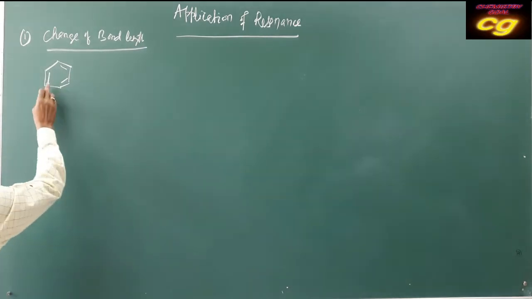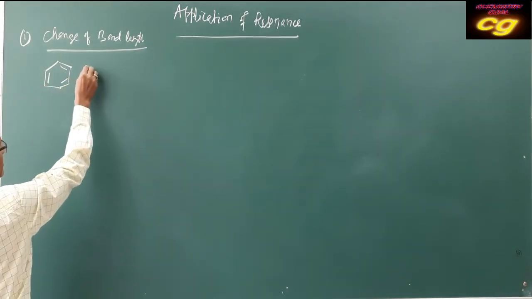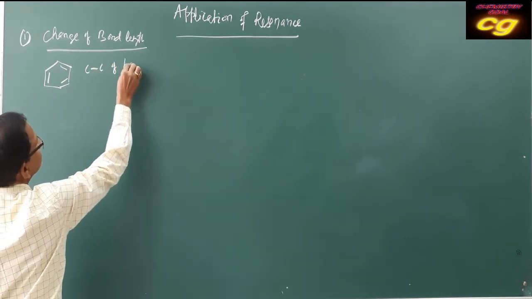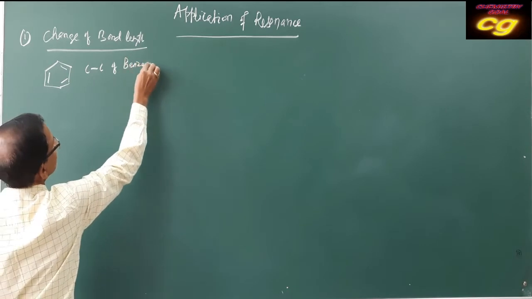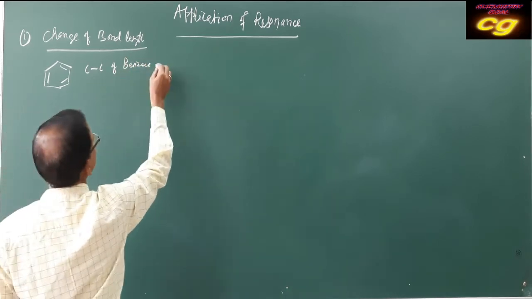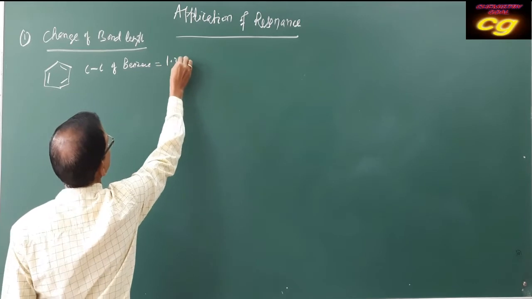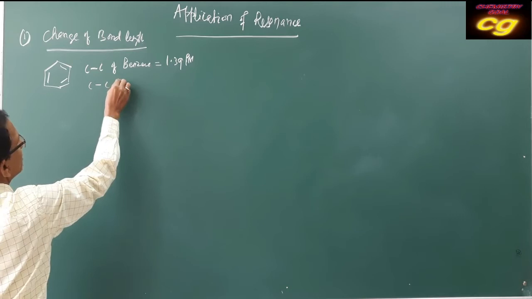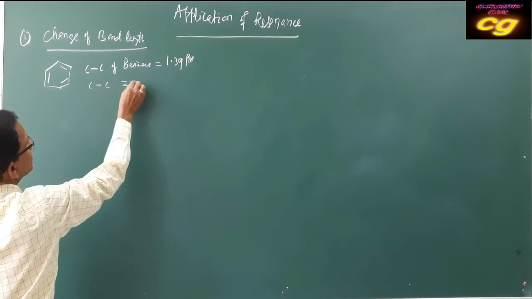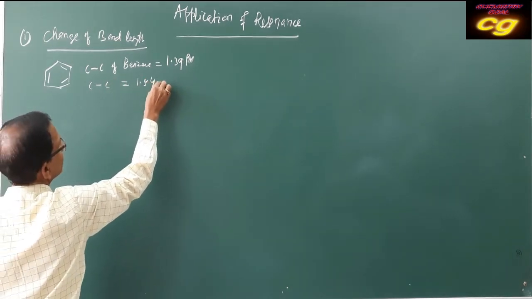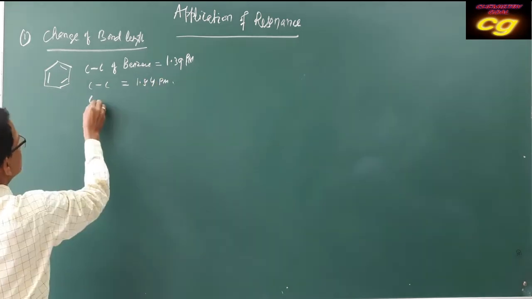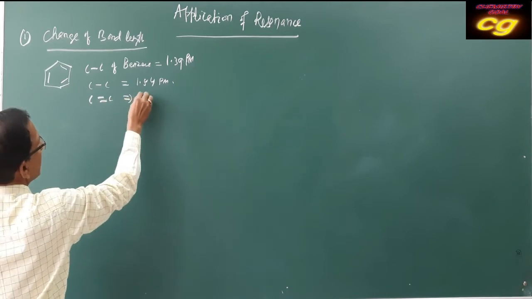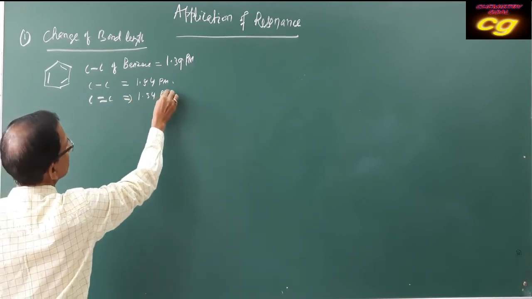But the C-C bond length of benzene is 1.39 picometer, whereas the C-C single bond is actually 1.54 picometer and the C=C double bond is 1.34 picometer.